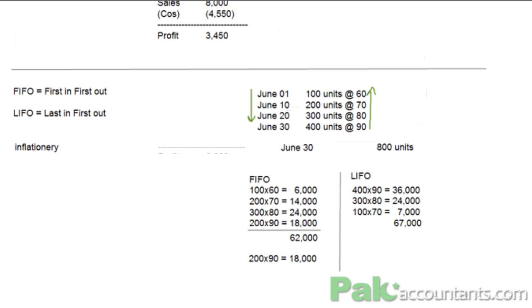Now moving on to the closing stock that you have, it will be 100 units according to 70, which is 7,000, and 100 units according to 60, which is 6,000. And if you sum this up, the value of this will be 13,000.